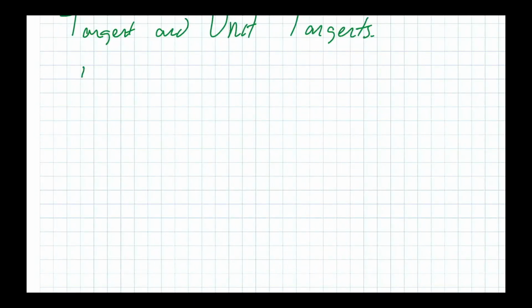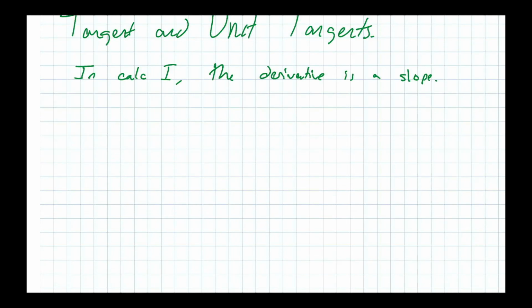Okay. So in Calc 1, the derivative is like the slope, right? Okay. In this case, the derivative of a vector gives you kind of three slopes, okay? And the result is that you actually get an interesting thing.